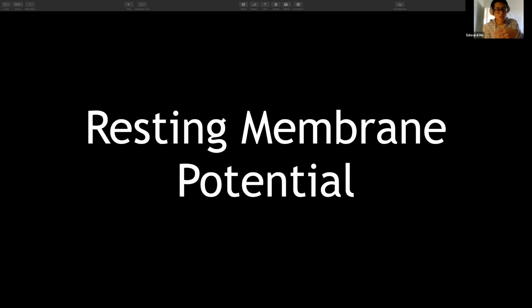It'll expel 3 sodium ions out and pump 2 potassium ions inside the cell. And so that constant activity is another reason why there's an imbalance of charge, creating a more negative charge inside the cell.